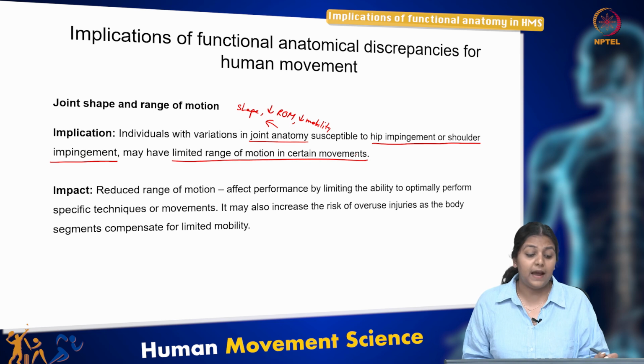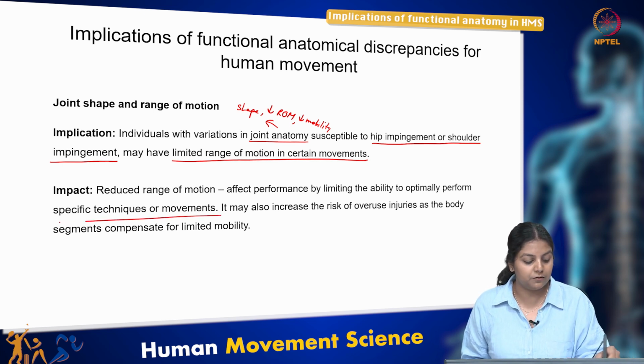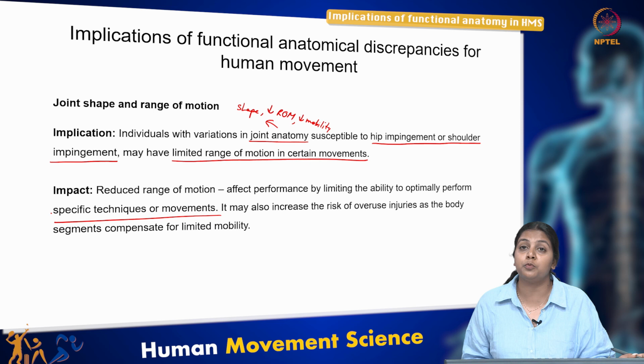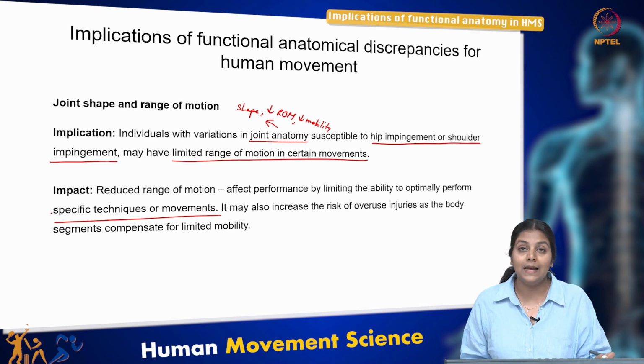So how would that impact? So reduced range of motion would affect your performance obviously by limiting the ability to optimally perform specific techniques. So if you have a shoulder impingement, doing anything like a shoulder adduction, abduction, any kind of vertical motions or even circumduction, everything will be limited.